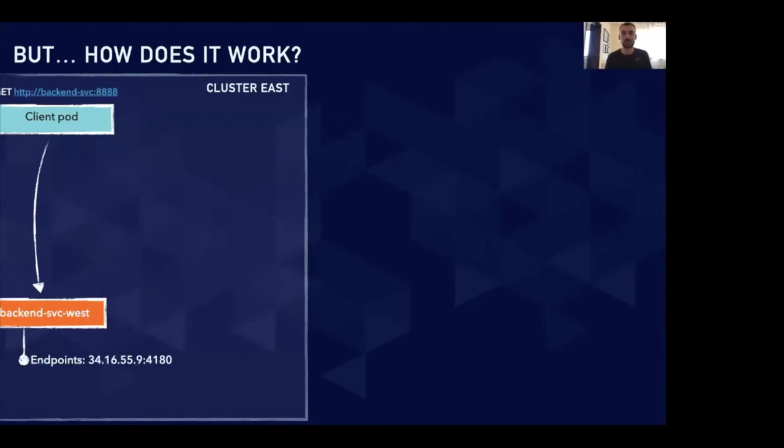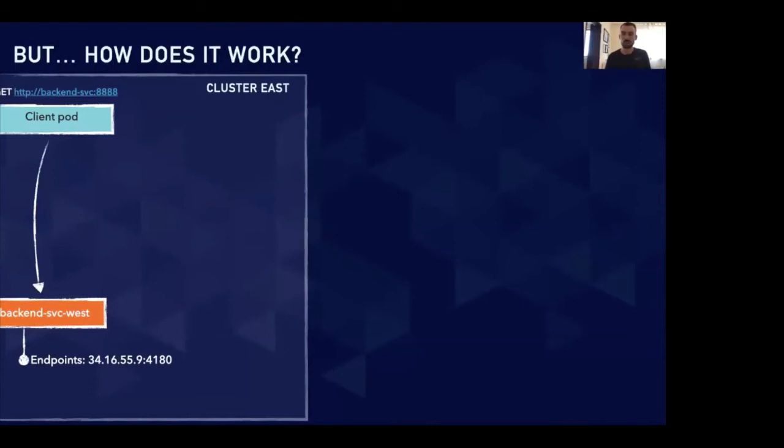Once this request leaves the pod, it's going to backend service west, which is the service proxy that lives on our cluster. This backend service has an endpoint associated with it that specifies the public IP and port of the gateway on cluster west.